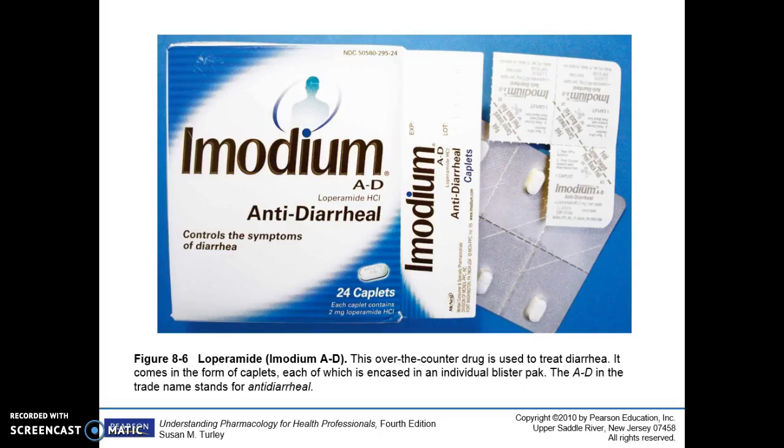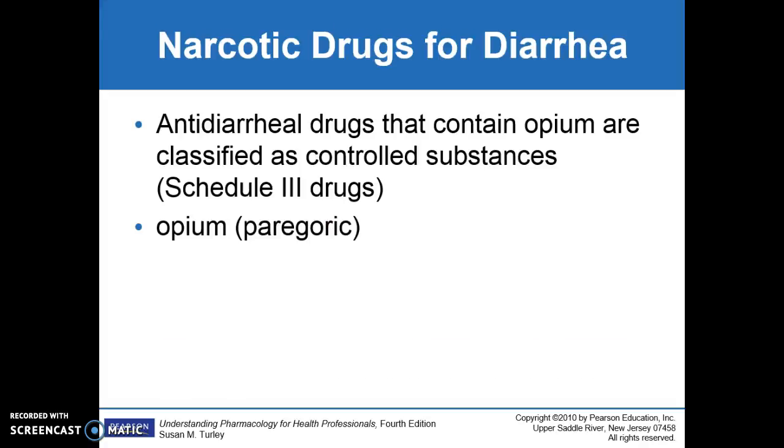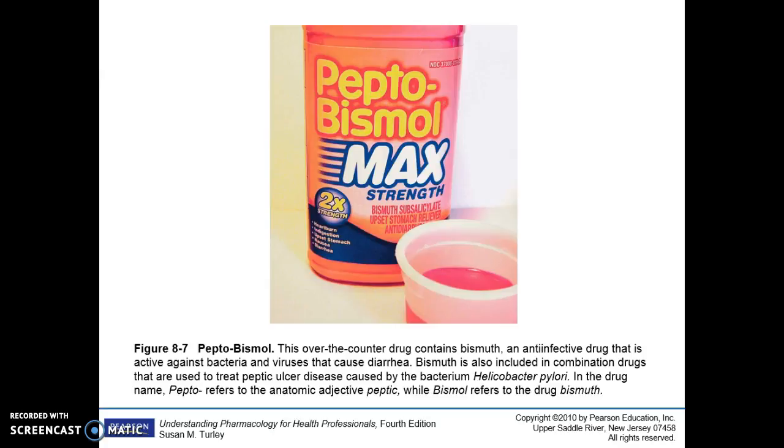Antidiarrheals, Imodium is probably the most common one that you're going to run across. We also do have some narcotic type drugs for diarrhea, and those are used in severe situations. Paregoric is a form of opium, and it's a scheduled drug. Then, of course, we have things like Pepto, pretty common.